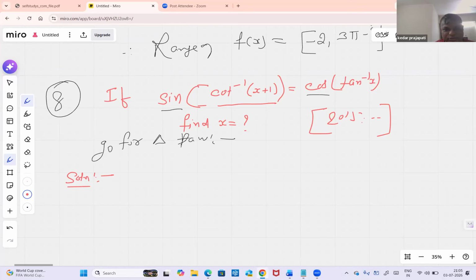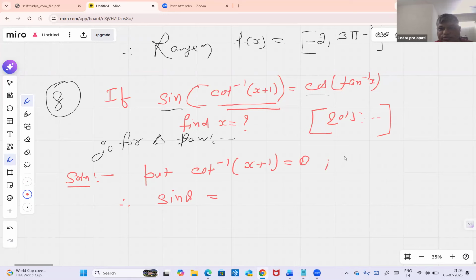I'll assume something. Put cot inverse of x plus 1 is equal to theta. So LHS will become sin theta. Correct? And here also tan inverse x, we have to assume something.